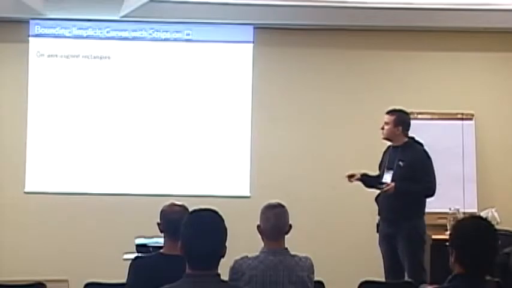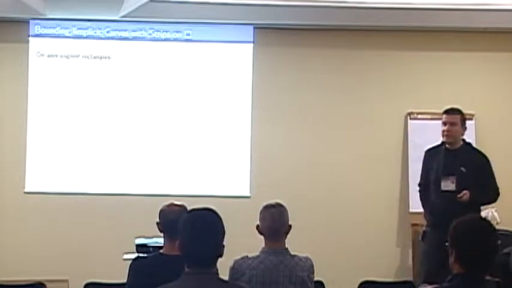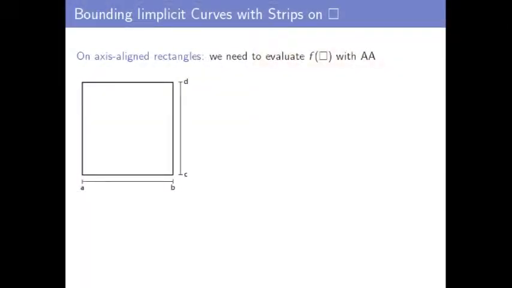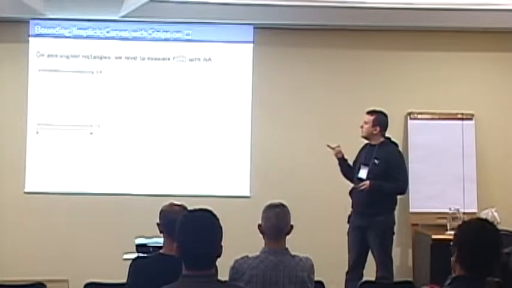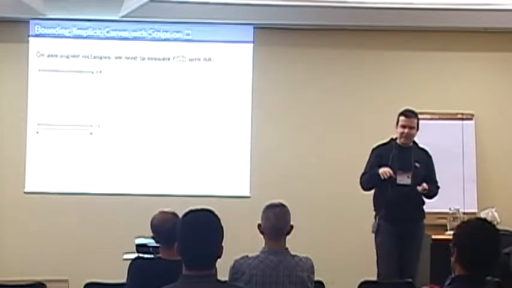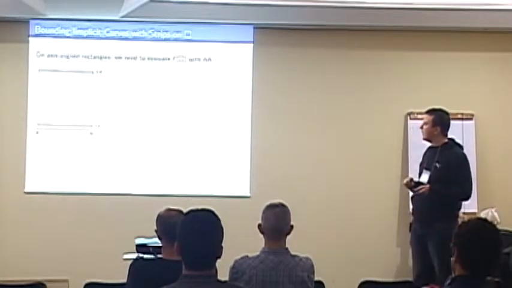And now, first we compute bounds for the implicit curves with strips on rectangles. In other words, we need to evaluate the real function f with affine arithmetic. Given a rectangle, we can write it as the Cartesian product of the intervals [a, b] and [c, d].